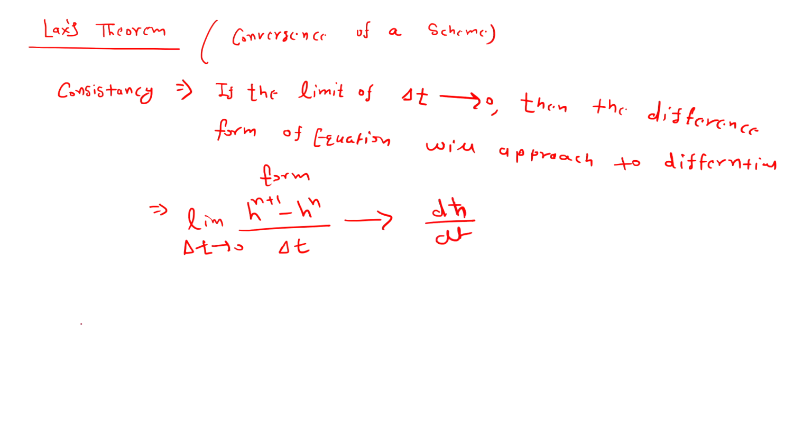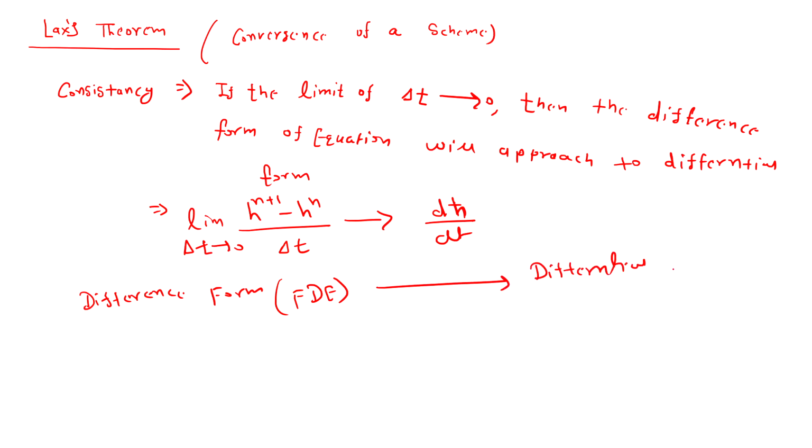That means the difference form or the finite difference equation should approach the differential equation, that is ODE or PDE, as delta t tends to 0. So this is what we mean by consistency.